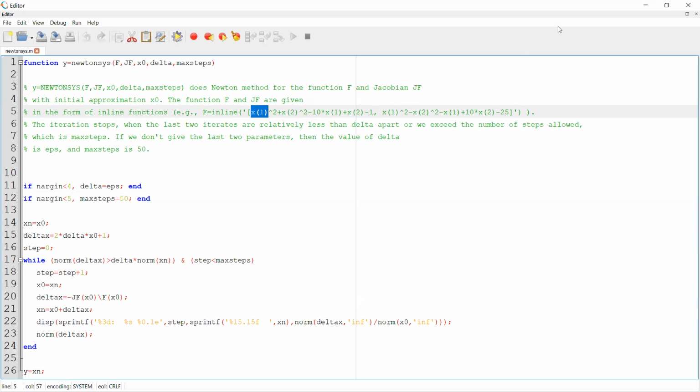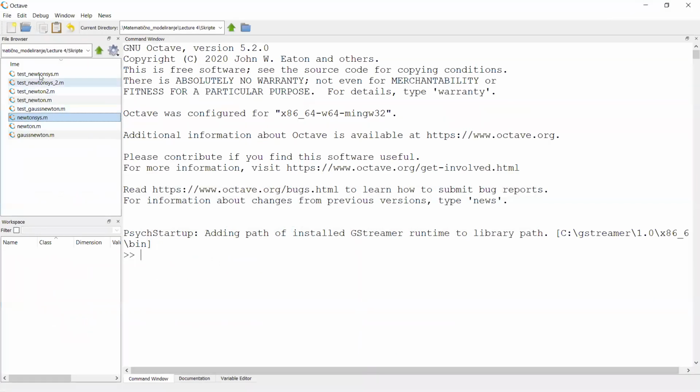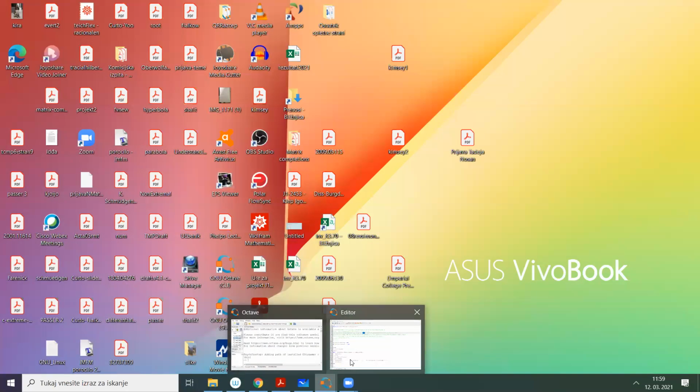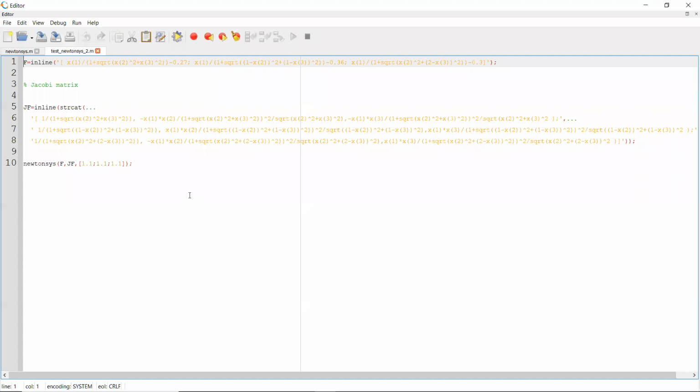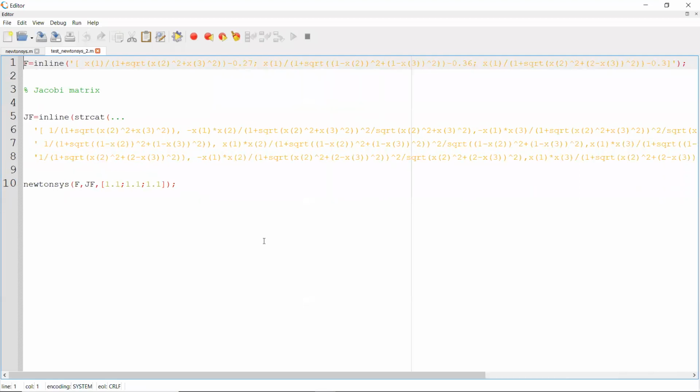Okay, and our example. Yeah, this is our example. So this is our function f as an inline function. This is for this radiation. You see x1 is alpha, x2 is a, and x3 is b.